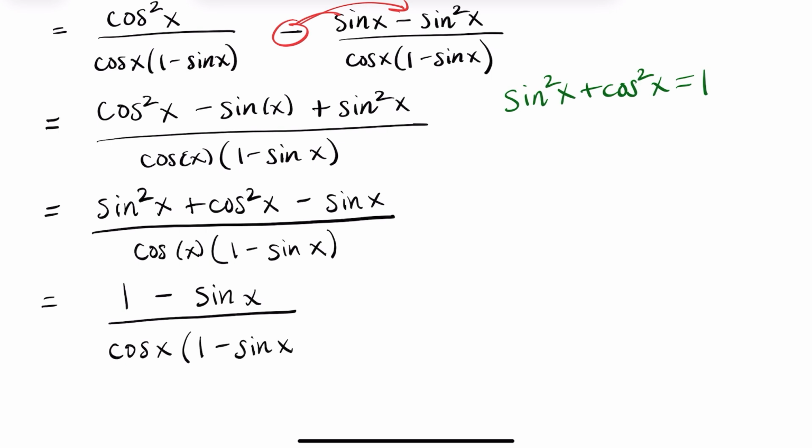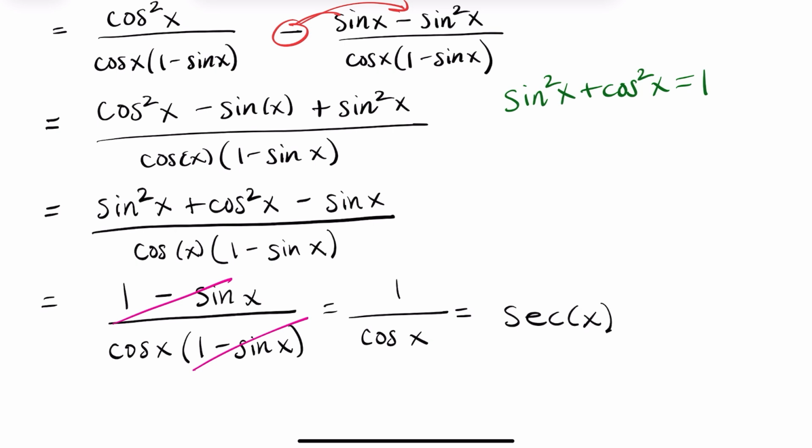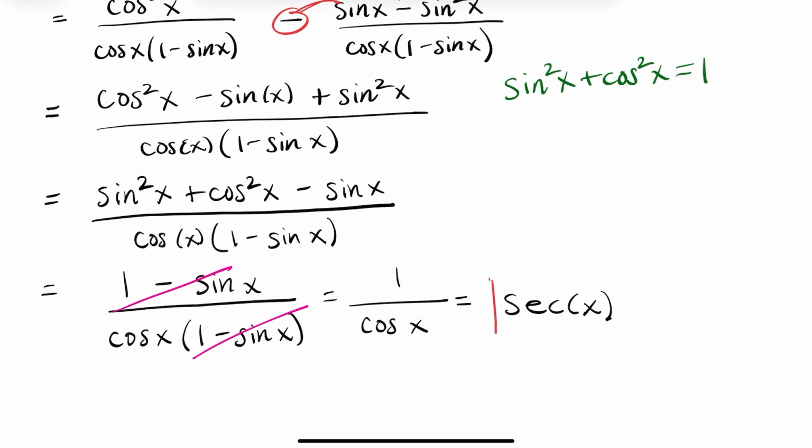And this cleans up really nicely, because now I have a 1 minus sine and a 1 minus sine, and I can divide those out. So this reduces to 1 over cosine x. And we know 1 over cosine is just secant x. So with a little bit of algebra and some trig identities, we were able to simplify this to one expression.